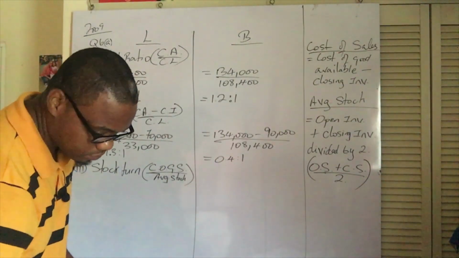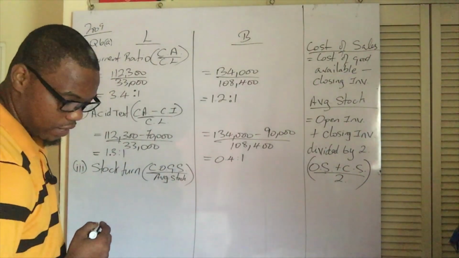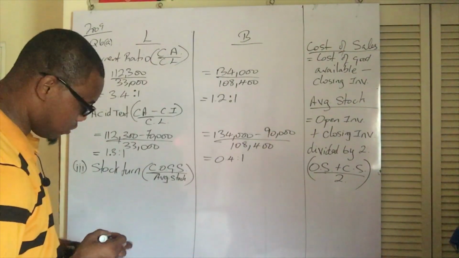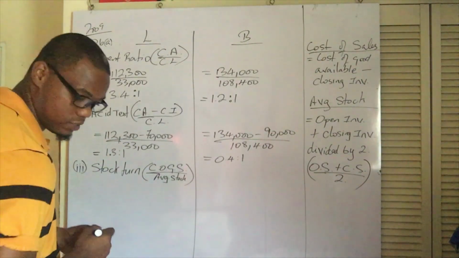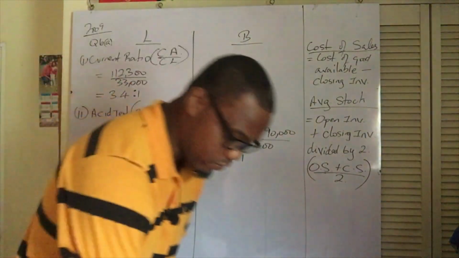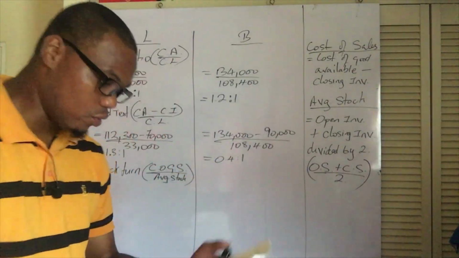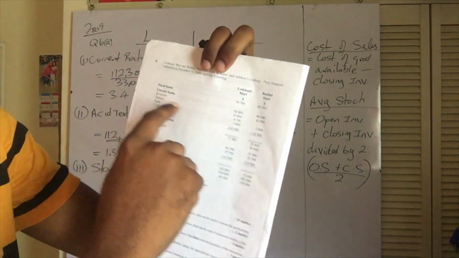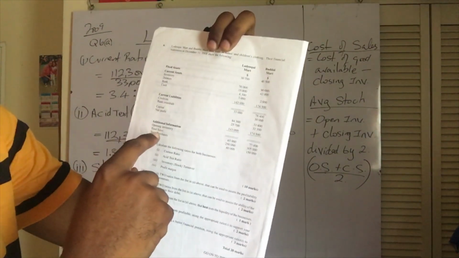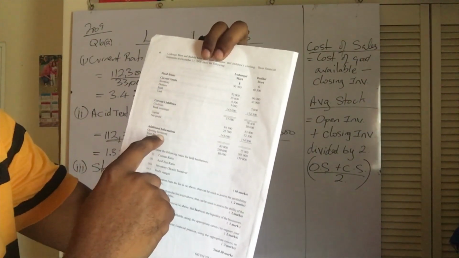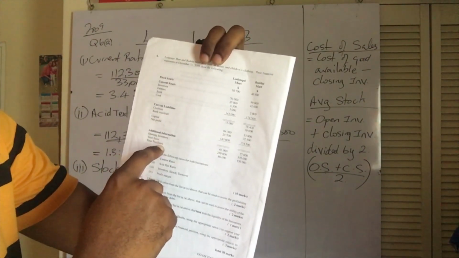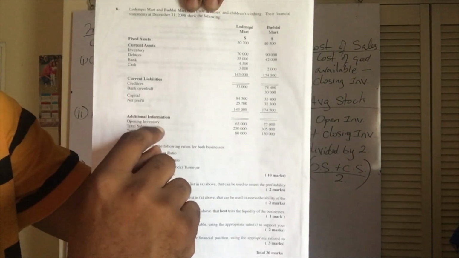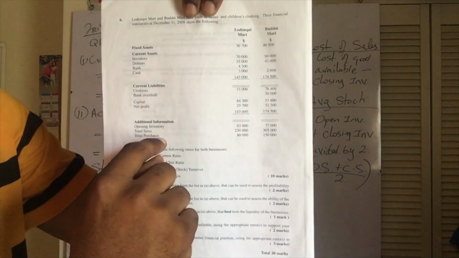So then, to calculate the cost of goods sold for Linguini is very important. I want to show you here: cost of goods sold, our opening inventory plus our purchases would give us what?